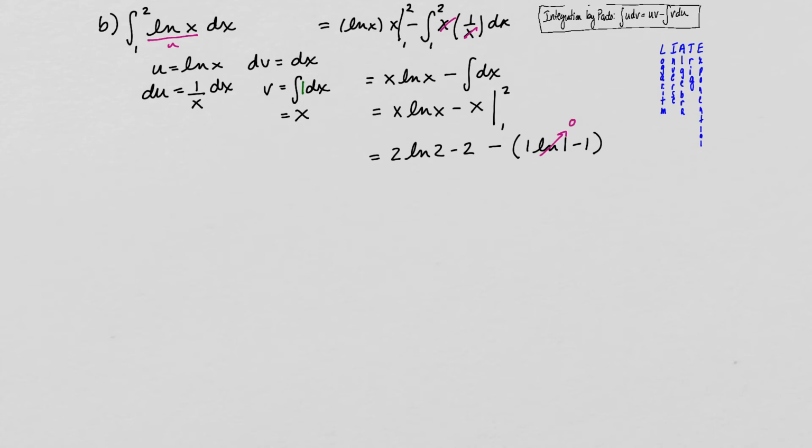It's some ugly decimal, and we're just going to leave it as the natural log of 2. So I have 2 natural log of 2 minus 2 minus negative 1. So we have 2 natural log of 2, and then I have minus 2 minus minus 1. So it's minus 2 plus 1. So it's just minus 1. And so that is my final answer there.